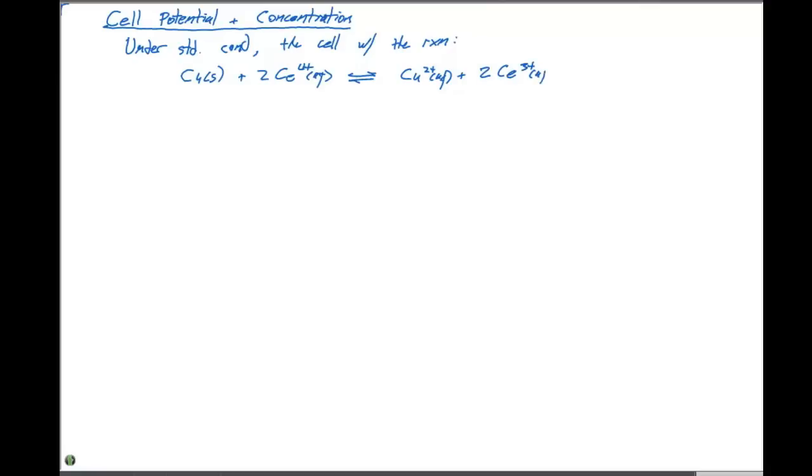So if we look at cell potential and concentration, we can say that under standard conditions, the cell with the reaction, and this reaction is going to be given by copper solid plus 2 cerium 4+ in aqueous solution, is going to be in equilibrium with copper 2+ in aqueous solution plus 2 cerium 3+ also in aqueous solution.